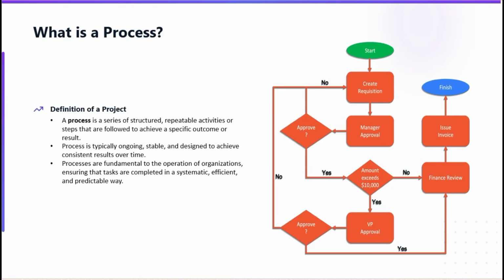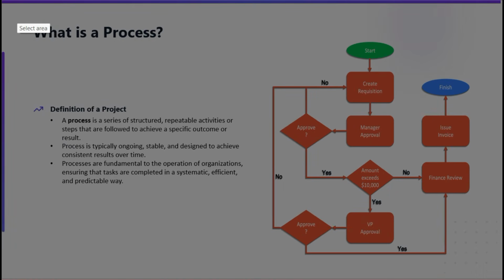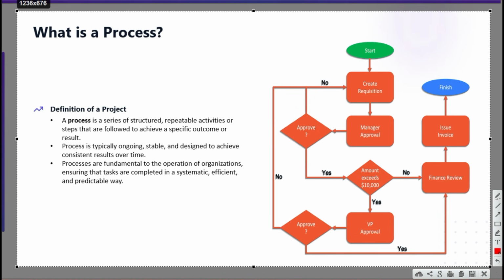Now let's talk about a process. It's a series of structured, repeatable steps executed consistently to produce a better or predictable outcome. What does that mean? That means a process primarily covers different steps, and those steps are structured and static. So let's say, for example, invoice processing.